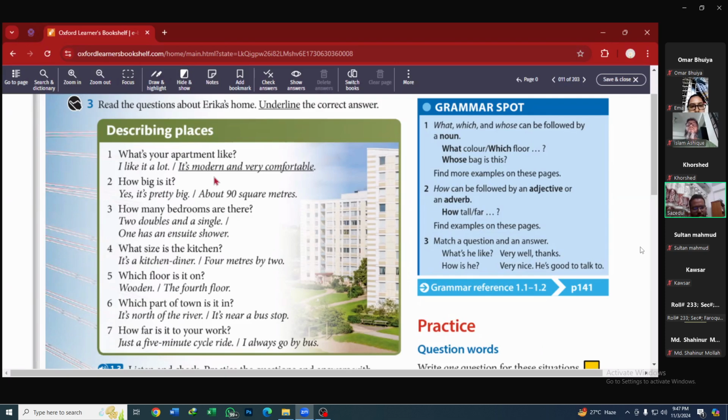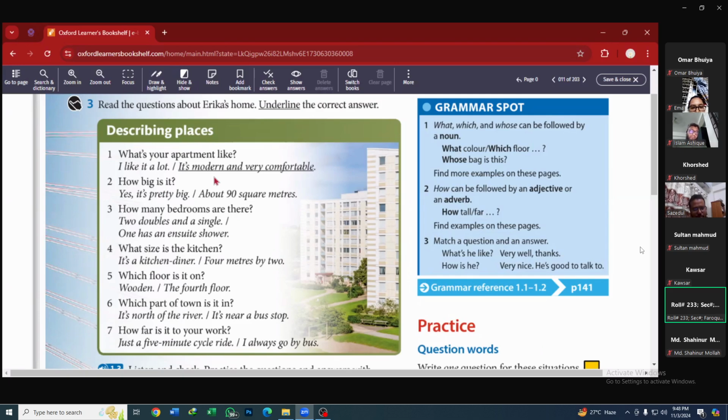What's your apartment like? It's modern and very comfortable. Good. How big is it? About 90 square meters. How many bedrooms are there? Two doubles and a single. What size is the kitchen? 4 meters by 2. Which floor is it on? The 4th floor.